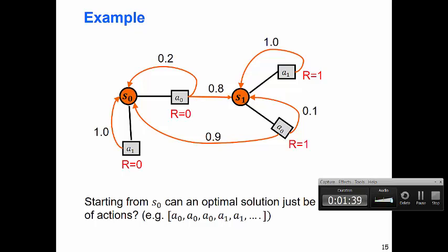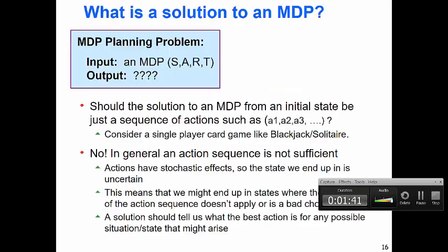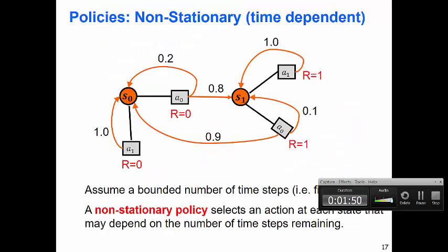So what that meant was that we wanted to define a new concept as being a solution to an MDP, and we talked about using the notion of a policy.